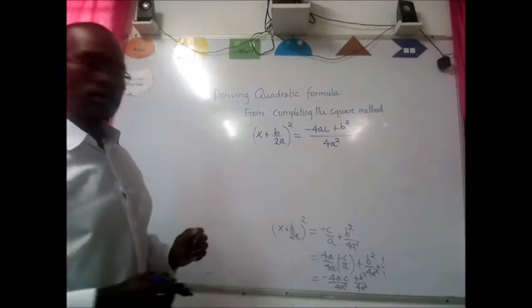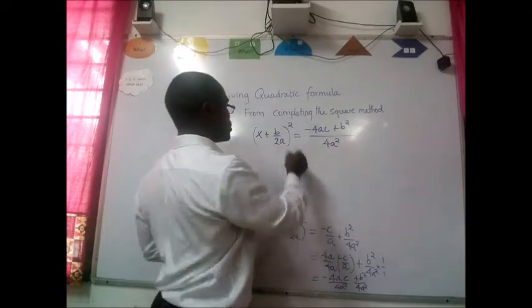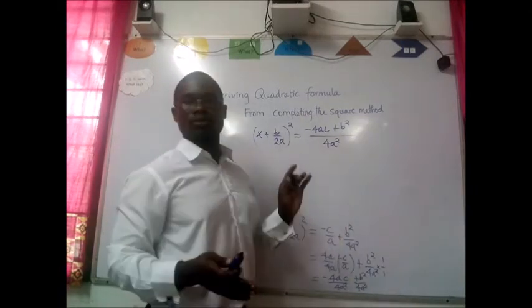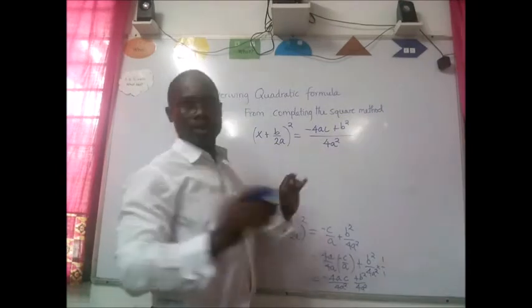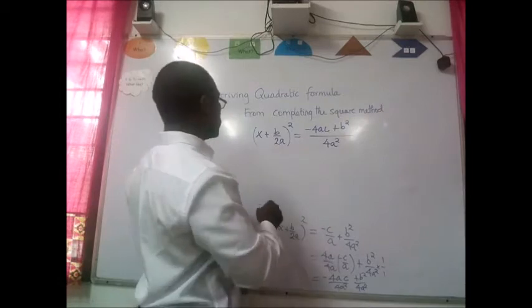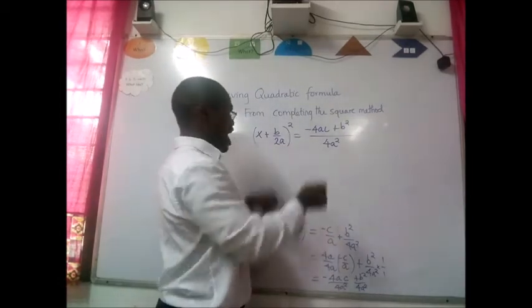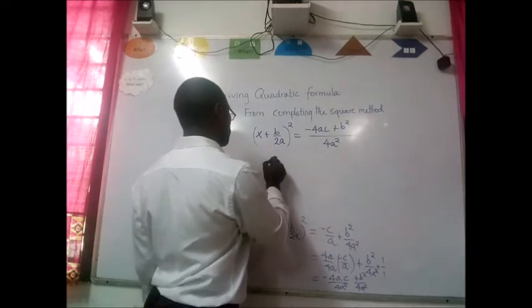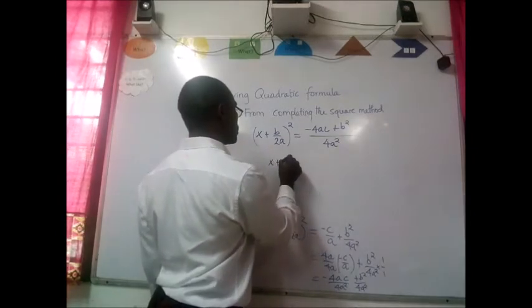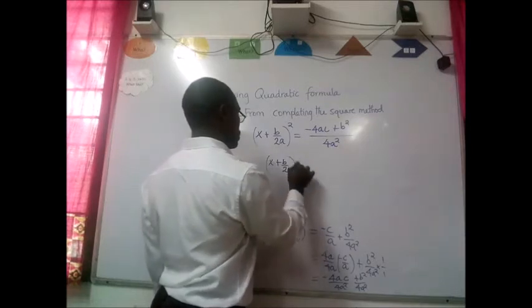So now the following step is to square root both sides, but I always like to show how this cancels off by power half. This all by half, which will be x plus b over 2a squared.